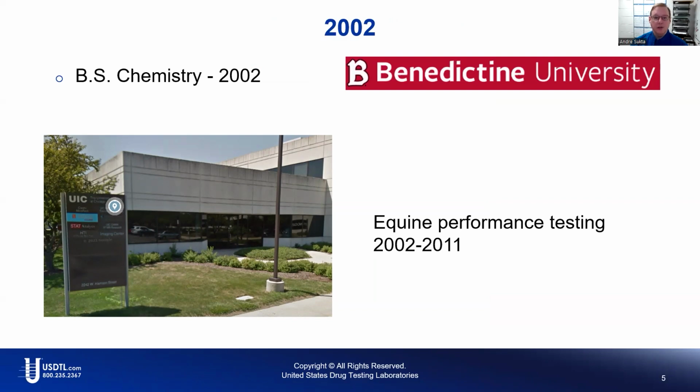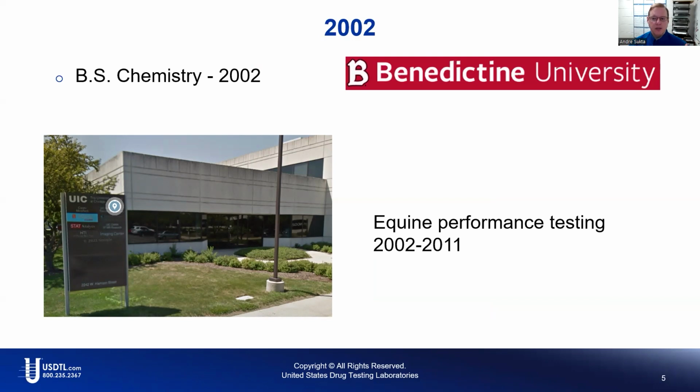Started with the state of Illinois doing the various racehorses. And then it got outsourced to the University of Illinois at Chicago, where I continued to do the same job for the rest of that time. Equine performance testing is a really interesting background of testing in toxicology because while we say we're really looking at performance, and most people will think about enhancing performance, that's not entirely all the things that we had to look for.